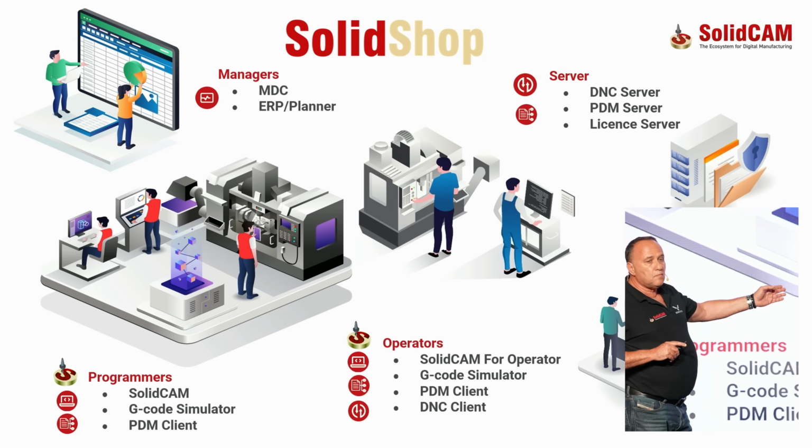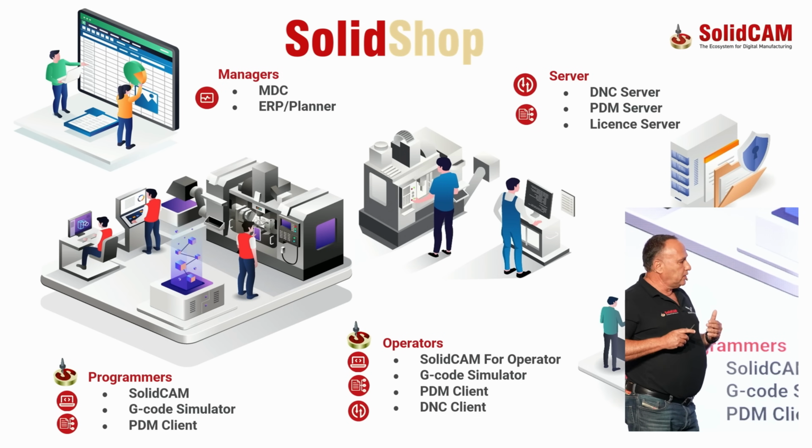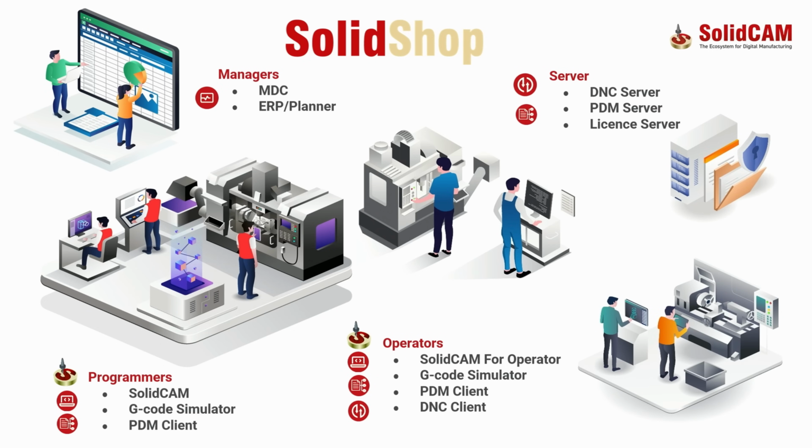And they also have the PDM. In the PDM, they will load the part, they will load the G-code file, and they save the G-code of the part in case of minor adjustment. And they have the DNC, which is very important, to send the G-code file to all machines in the factory.